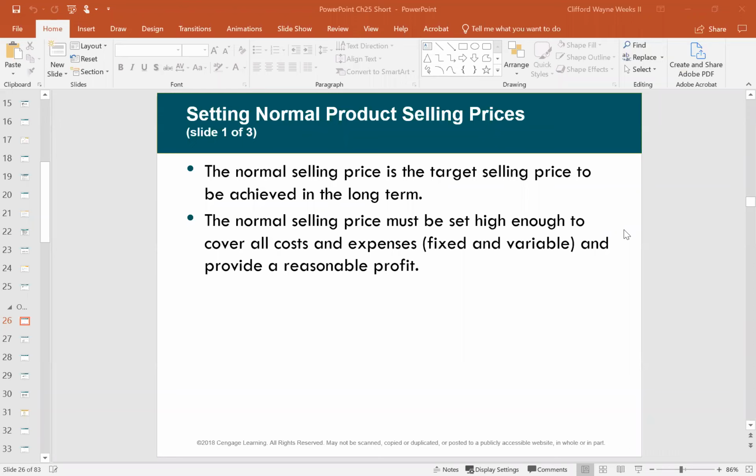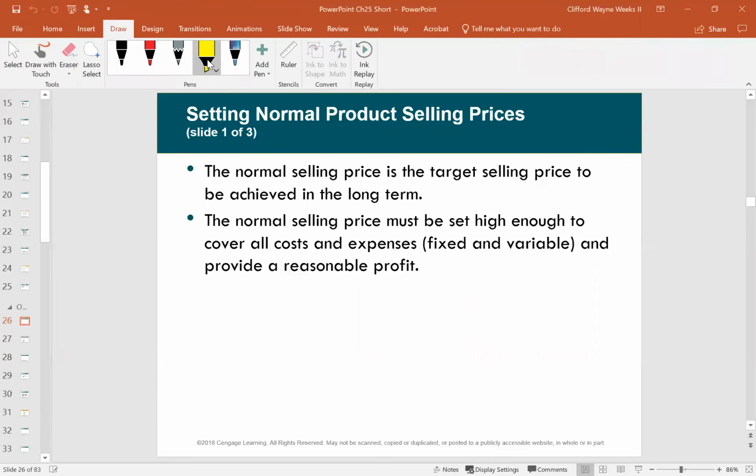What is the true selling price of our product? The normal selling price must be set high enough to cover all costs and expenses, both fixed, variable, product, and period, and hopefully to provide a reasonable amount of profit.